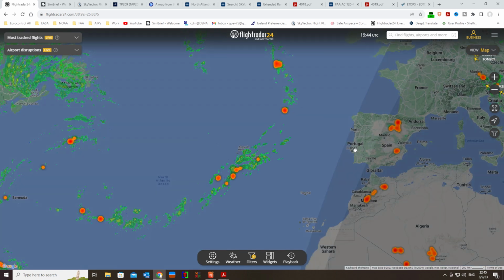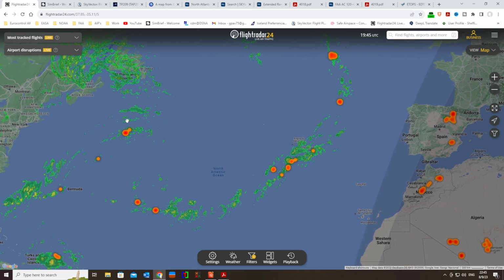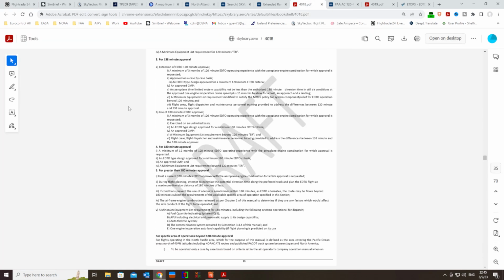So crossing the Atlantic in this range, and this is lightning, are we gonna be pretty much away from most of the weather? We're gonna avoid most of the weather, the intense precipitation, and I think that we're gonna be just fine.